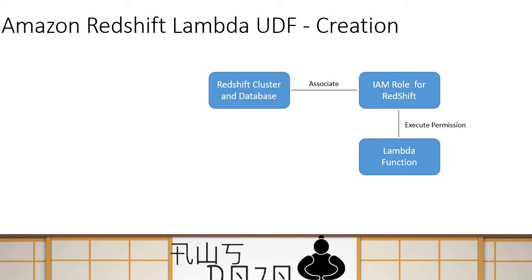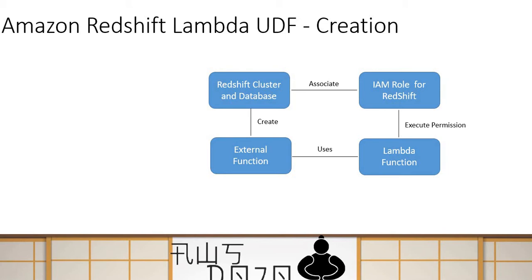that authorization. So once you have defined the role and given it permission to the Lambda function, then you create an external function. Basically you're creating a user-defined function, and in this user-defined function, you simply use the Lambda function for the business logic.